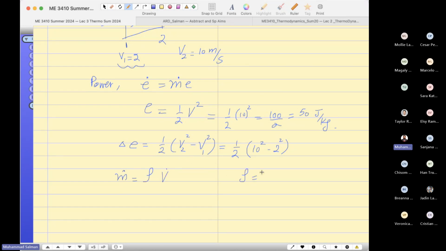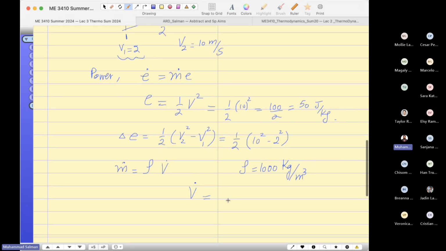The density of water is generally speaking 1000 kilogram per meter cubed. Okay, guys, now in order to find the mass flow rate, we should know the volume flow rate, and volume flow rate is area times the velocity.